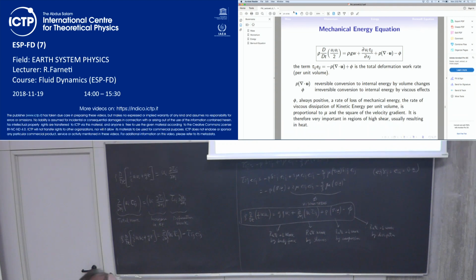Okay, once you convert your kinetic energy into internal energy or heat, that's totally irreversible. Okay. Your phi viscous dissipation rate is proportional to the viscosity and the square of the velocity gradient. So that's usually important in high shears, wherever you have high shear, so your U square is large and usually goes into heat.